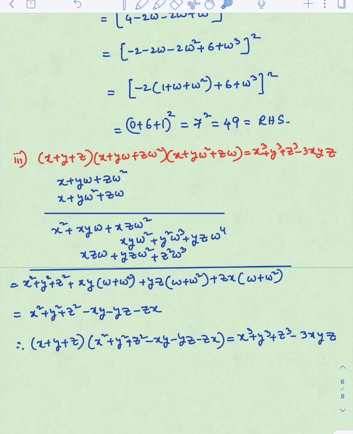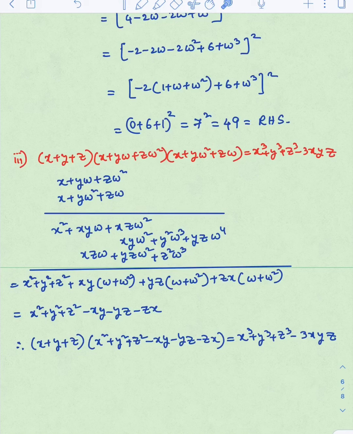Now add. x square. Something is to be observed by you, that is, omega cube is how much? Actually 1. So here y square omega cube means y square into 1. That is y square. z square into omega cube means z square. x square is already there. x square plus y square plus z square.